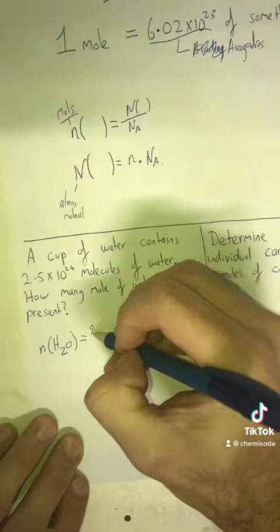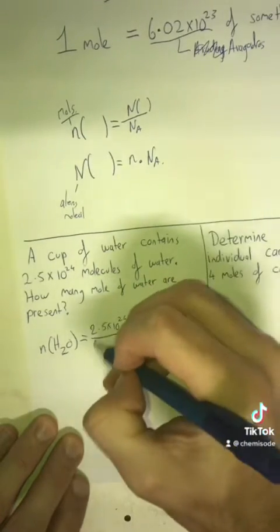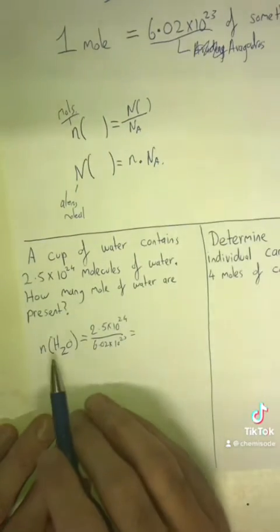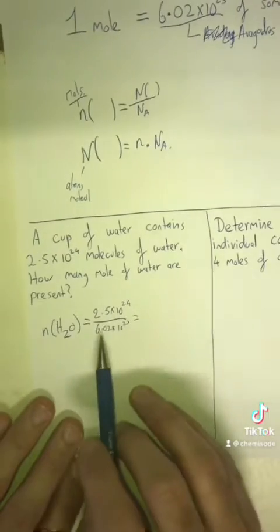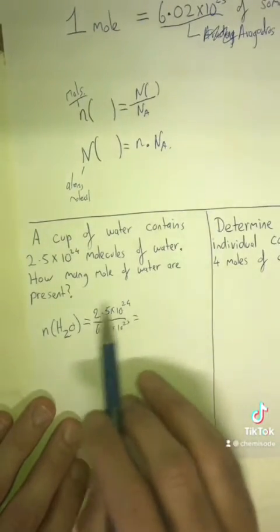So I'll go 2.5 times 10 to the power of 24 divided by 6.02 times 10 to the power of 23. That's going to give me how many mole I have, because I want to know how many mole are going to go into the molecules I have.